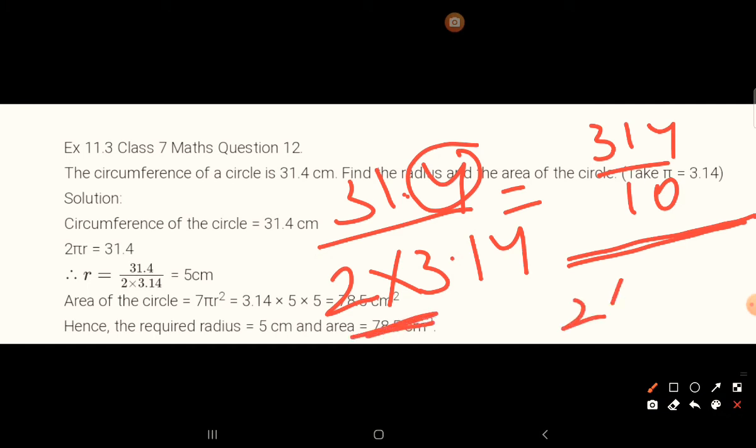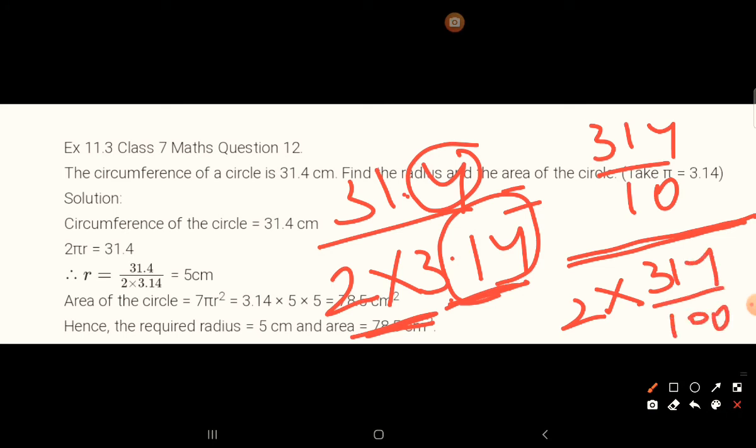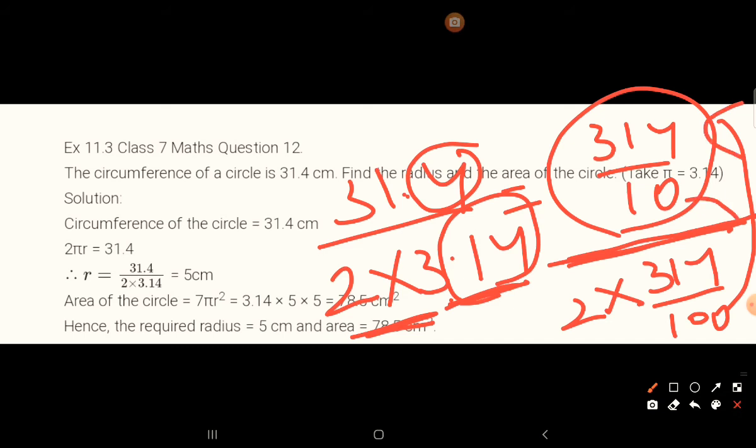So 2 multiplied by 3.14, where the decimal point is after 2 digits, so below will come 100. So 314 upon 100. Whenever you get a fraction upon a fraction, this 100 will go here with the numerator and this 10 will be here in the denominator.